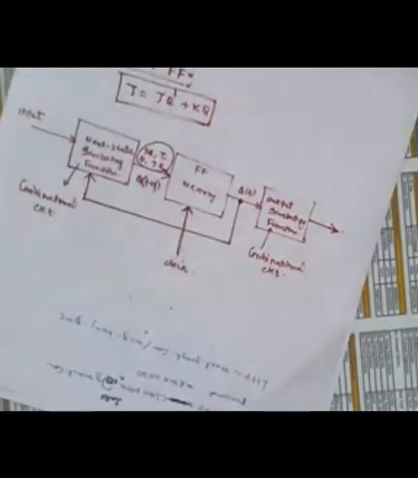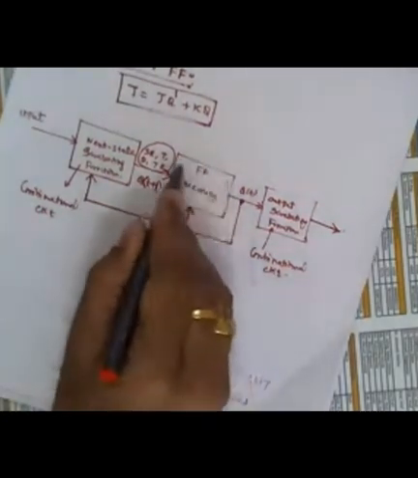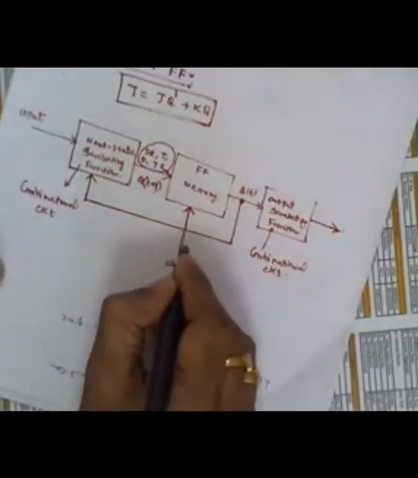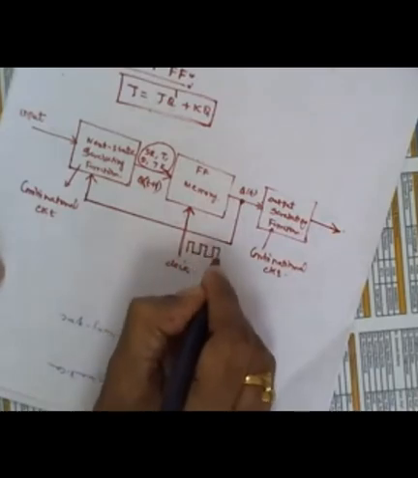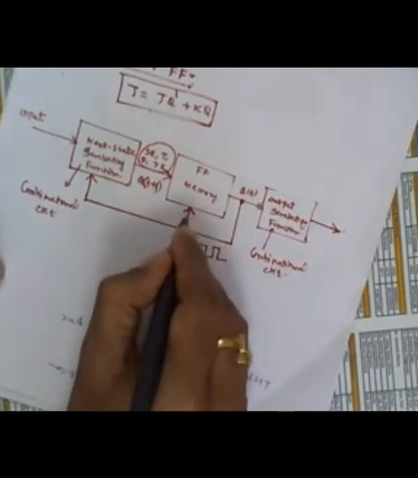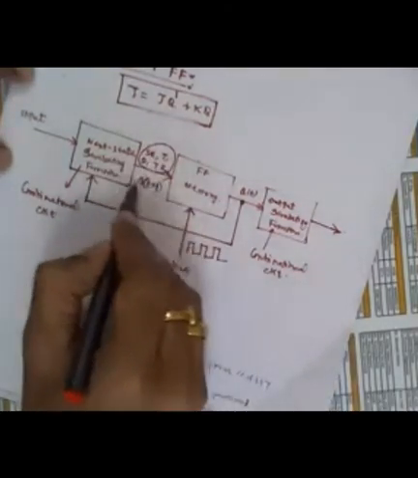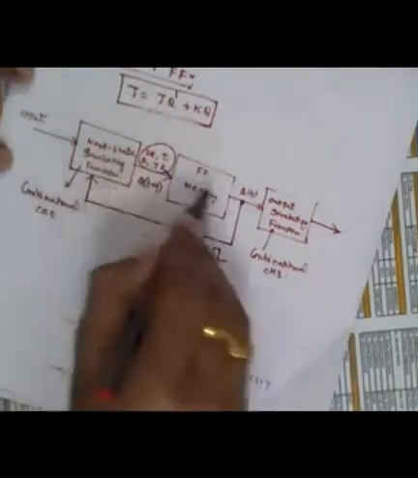These inputs will be immediately generated in no time, right? And then this memory will hold the previous state until I apply the rising edge. So at the moment when we apply the rising edge here, or falling edge based on the type of flip-flop, then these inputs generated by this circuit will generate the next state.